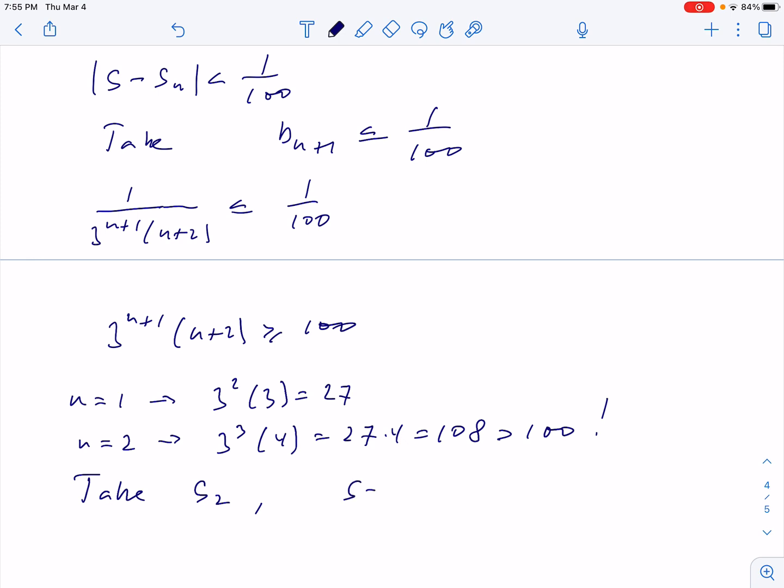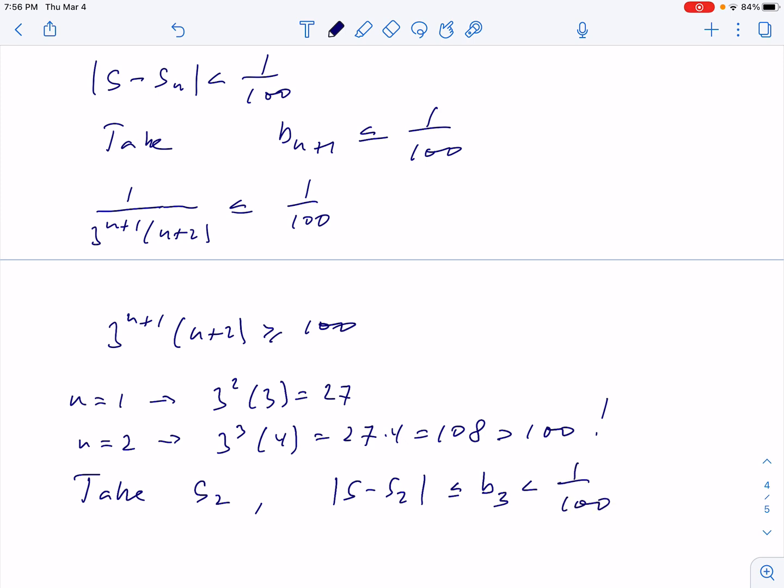Then the absolute value of S minus S sub 2 will be less than or equal to b sub 3, and this will be less than 1 over 100.